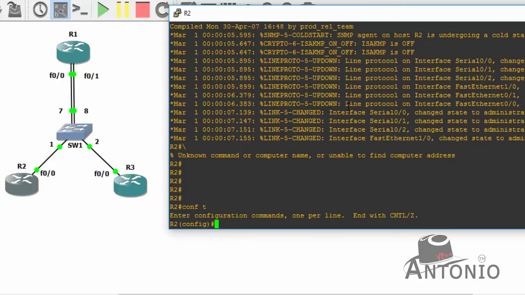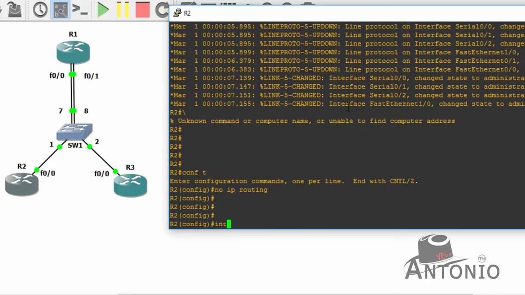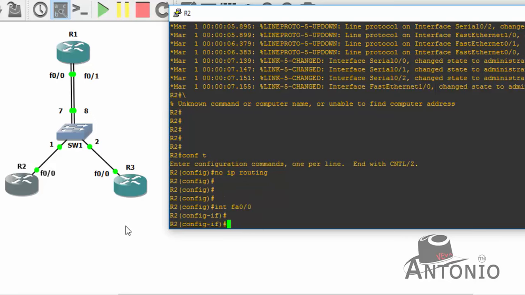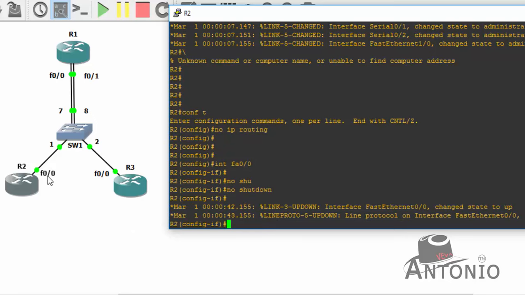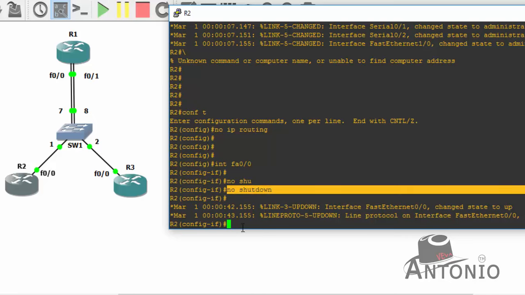This will be PC2. As I said, no IP routing. And let's configure the FA00 interface. FA00, no shutdown. By default, naka-shutdown state itong ating port nito. So, ininegate natin by using a command, no shutdown.